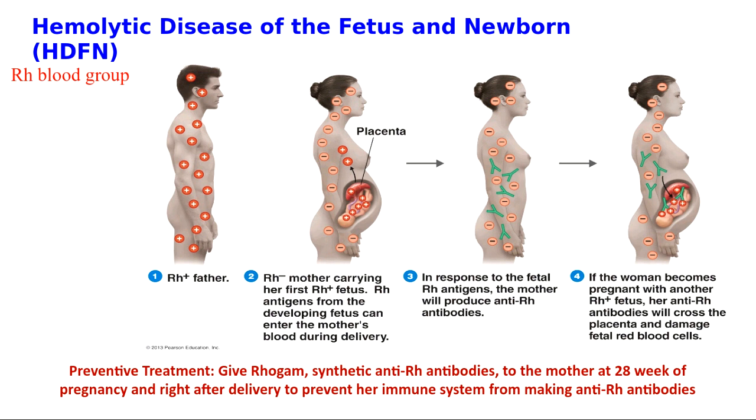And we have memory cells, right? Remember we talked about the immune system having those memory cells. Usually the first pregnancy in an Rh negative mother is not a big deal.